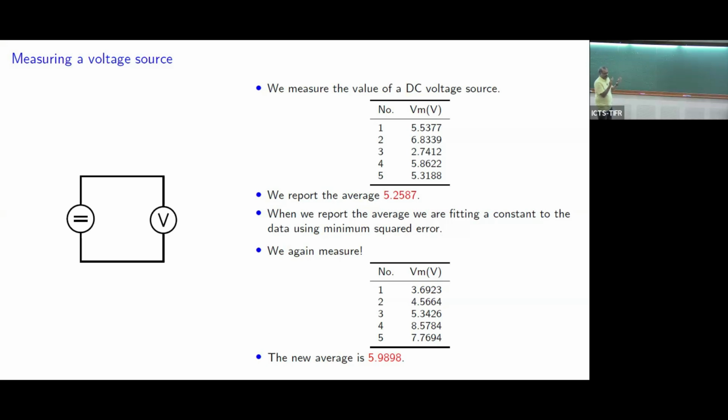If you try to compute these confidence intervals, they are also computed based on data. So usually when we say 95% confidence interval, the wrong interpretation that we give is that there is high probability that the actual mean, or the actual voltage source value that we are trying to find, lies in this interval.